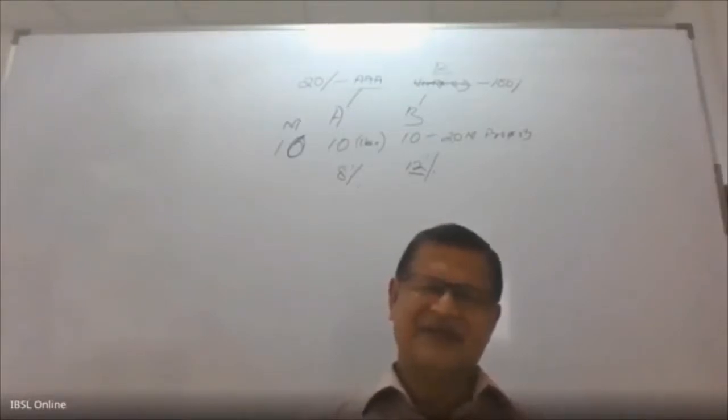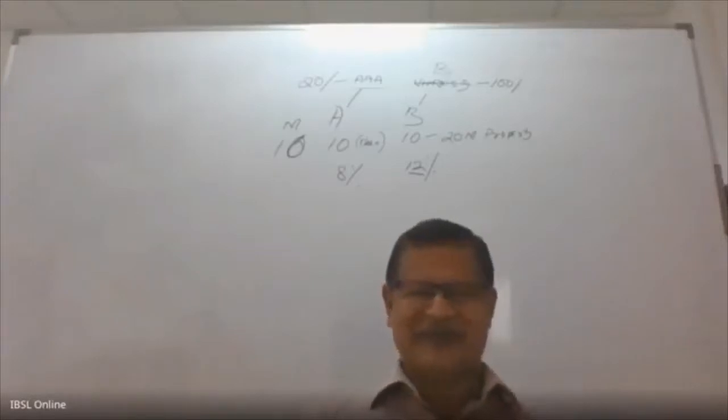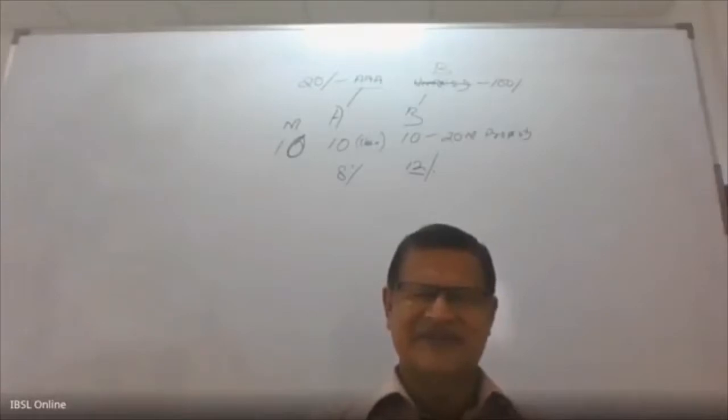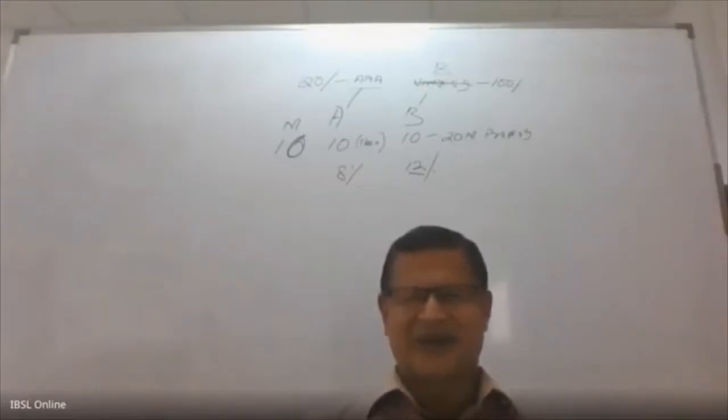D has only 8% of A, and A is a related party, but it doesn't have a material interest. D, if it decides to borrow money from the bank, will not be considered as a related party.